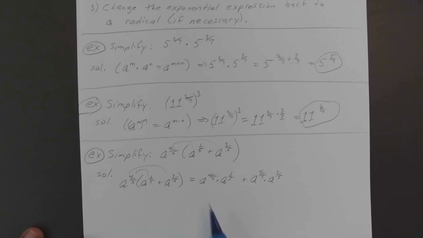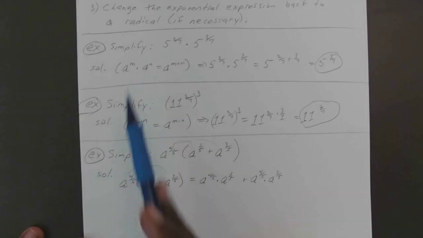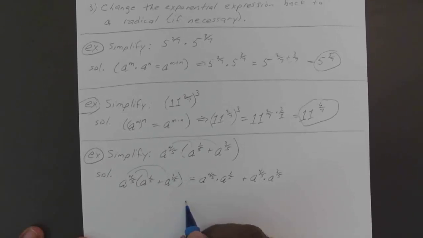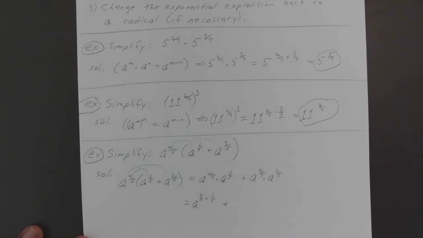Okay. So we know just from this rule up here, we're multiplying with the same base, we just add your exponents. Okay, so that means it's a to the 4/5 plus 1/5, plus a to the 4/5 plus 3/5.